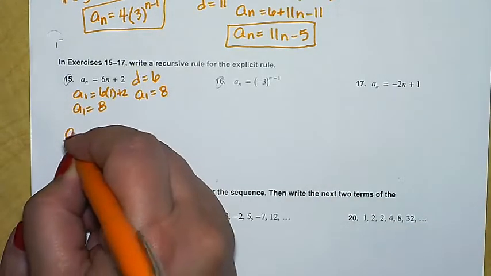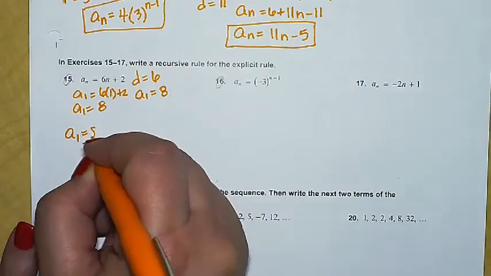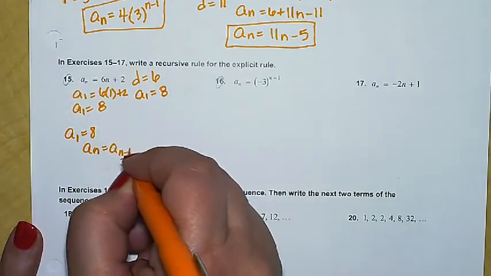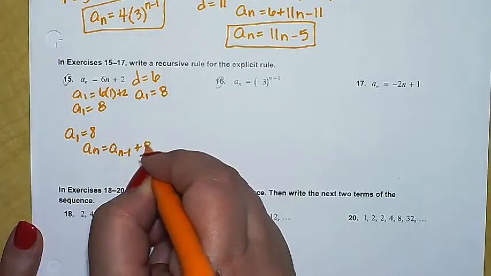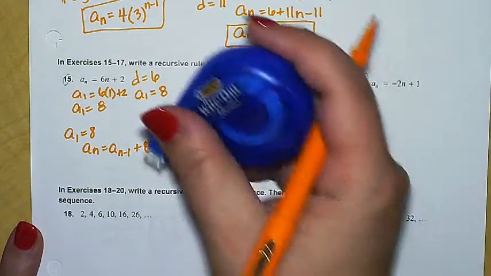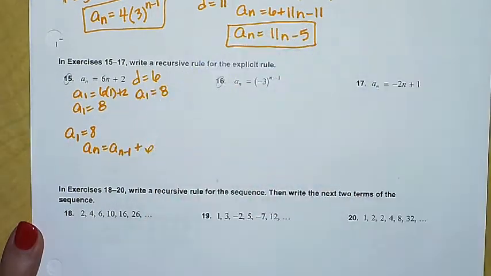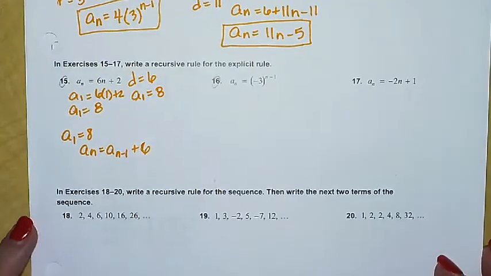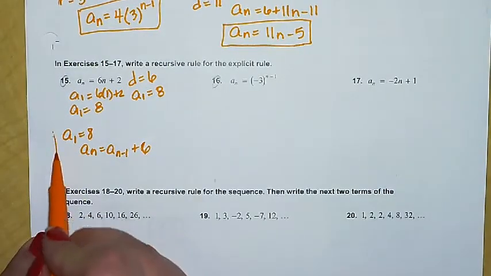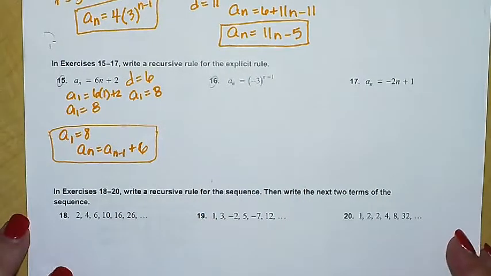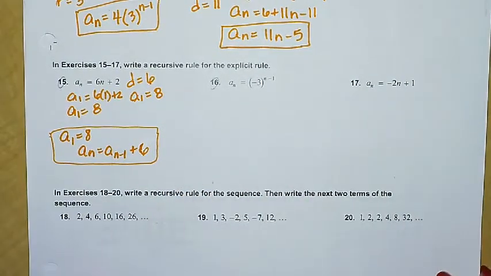All I have to do is say our sequence starts at 8, and then every new term in the sequence is just the one right before it, plus 6. Sorry, I got a little messy there. So plus 6, and that would be your recursive for that explicit.